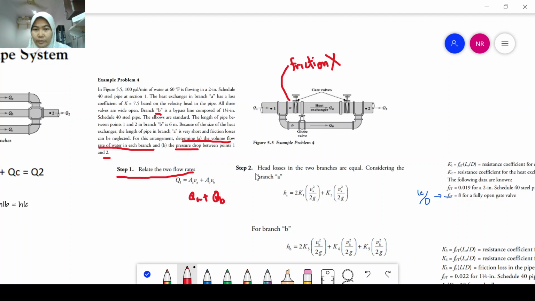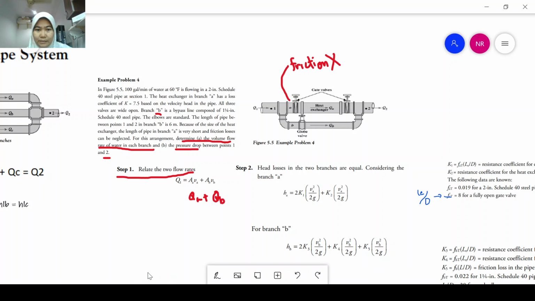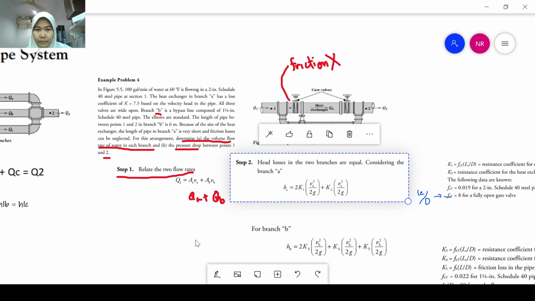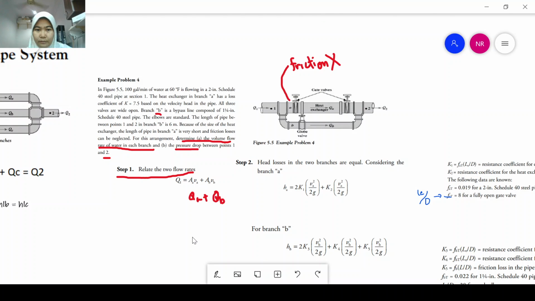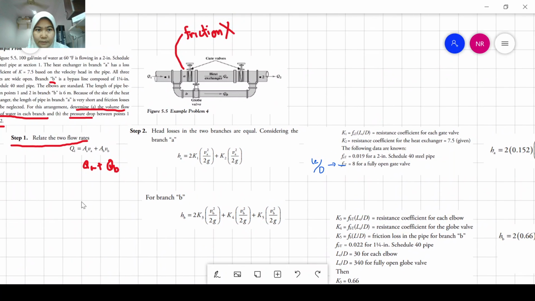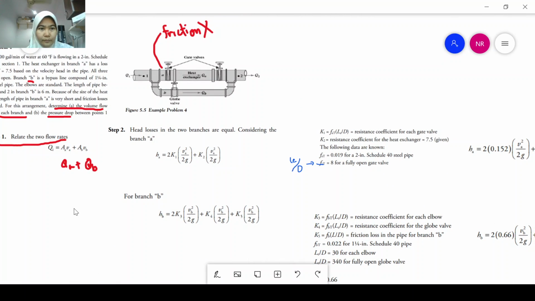Step 2 is to determine the head loss. When you want to determine the head loss, the head loss is from pipe A and pipe B, right? So the head loss in the two branches is equal.